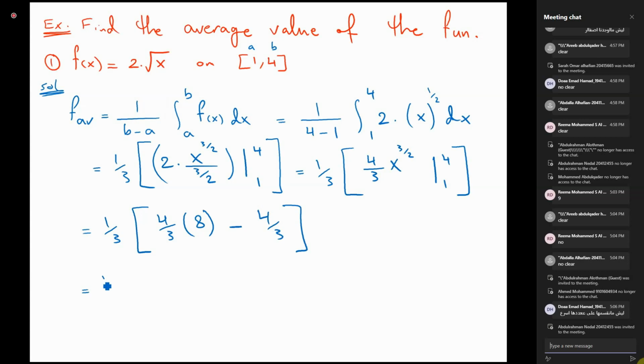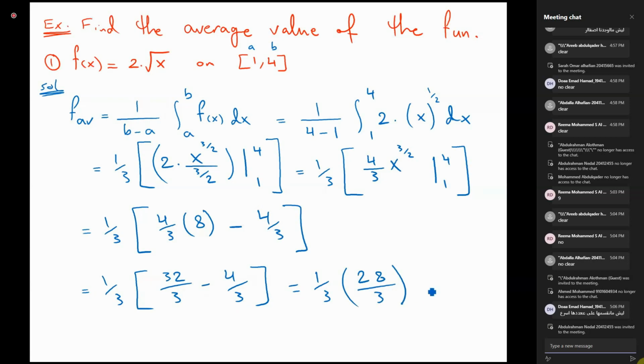So this equals 1 over 3 multiplied by 32 over 3 minus 4 over 3. So we have 1 over 3 multiplied by 28 over 3. So we have 28 over 9.